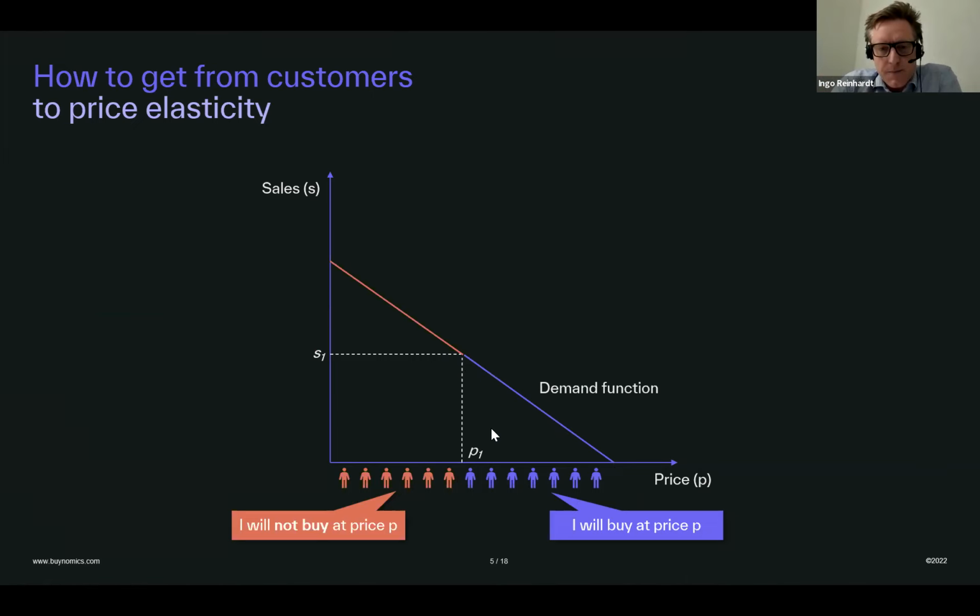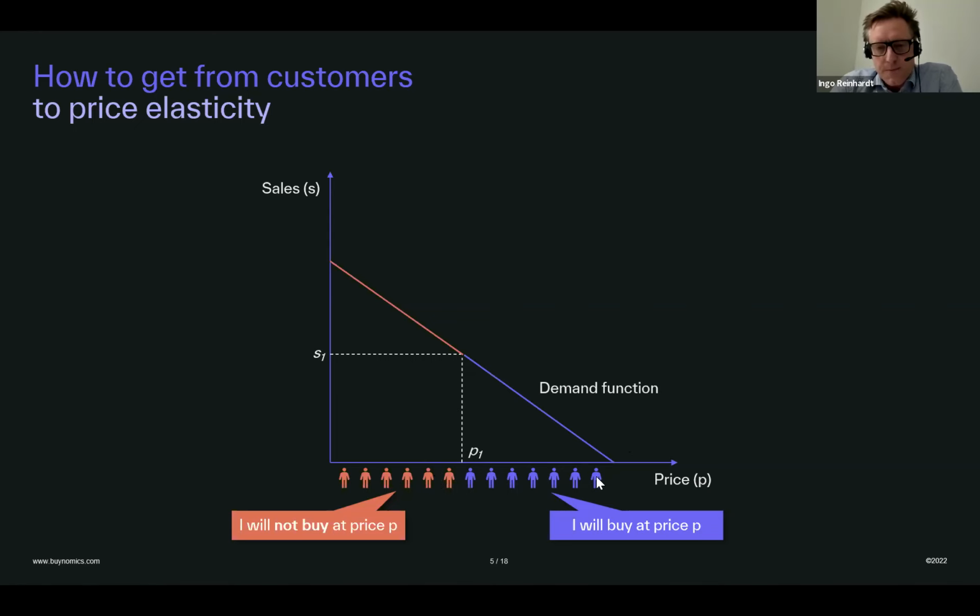So let's say we have a price P1, which is the current price. At this price, everyone with a higher willingness to pay than this price buys. And if we go down with the price, then at some point, this person here will also buy the product, then this, and so on. So this is when we have a linear demand function.